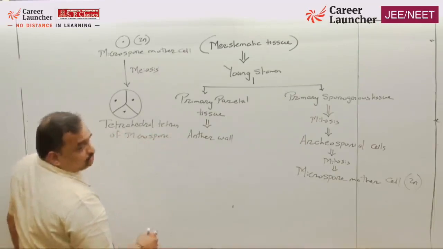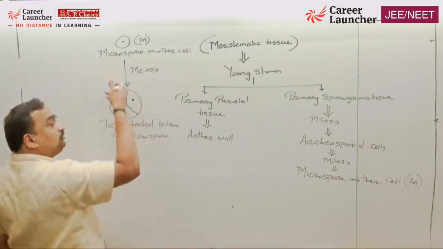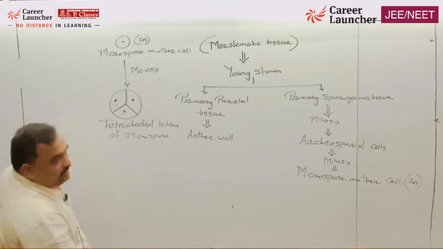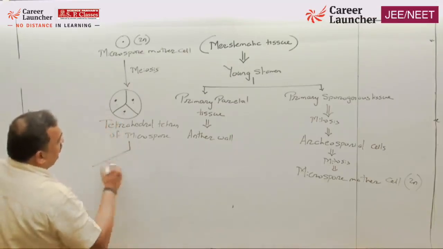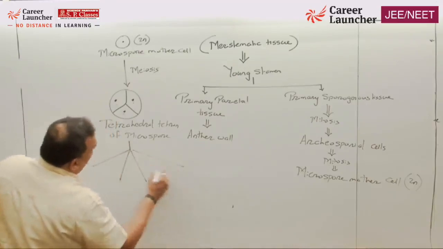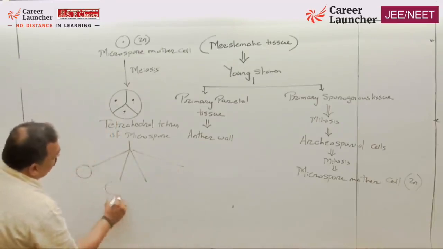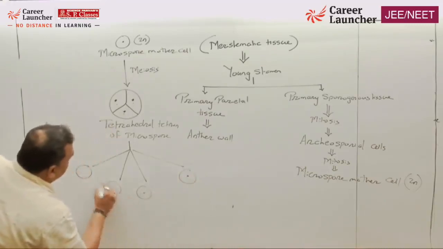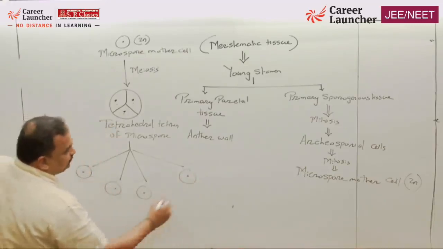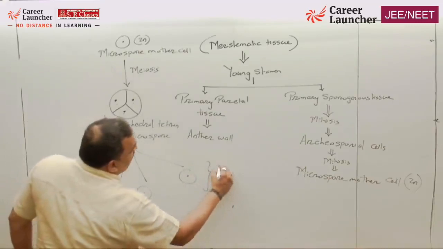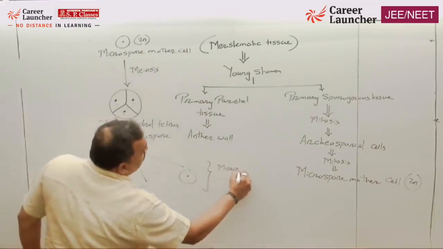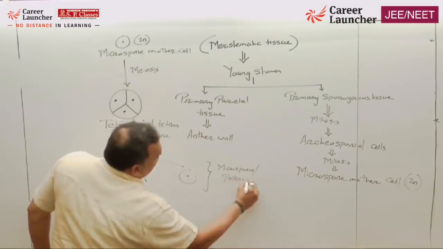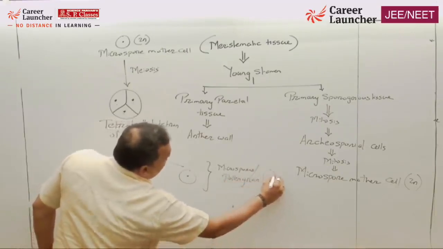There is 1, 2, 3 and the 4th one is on the back side. That is why you will see a tetrahedral tetrad. These microspores will eventually separate and form unicellular uninucleate structures, which are called pollen grains or microspores. Please remember, these microspores are haploid in nature.